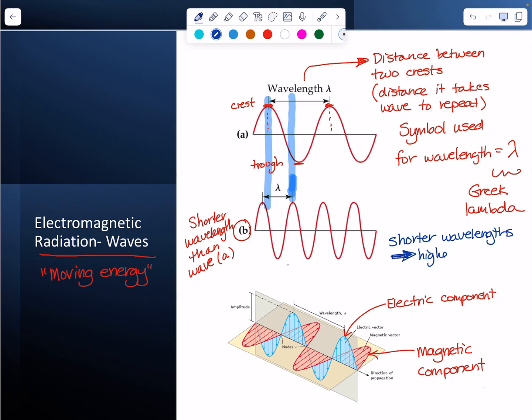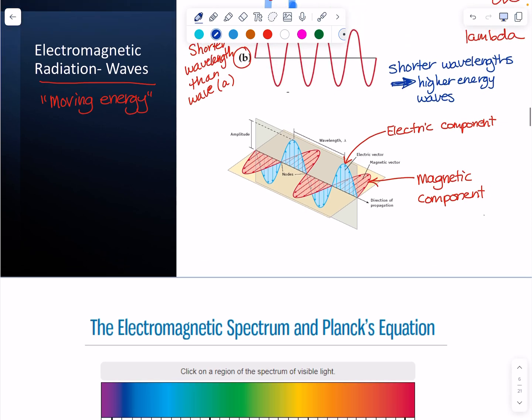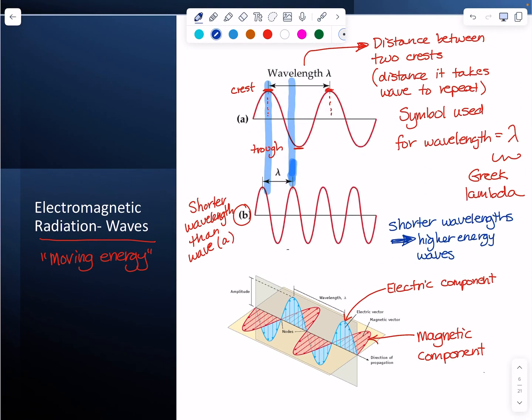So higher energy waves. Shorter wavelengths carry more energy. We consider them higher energy waves. And on the next couple of slides, we're going to be reinforcing that.